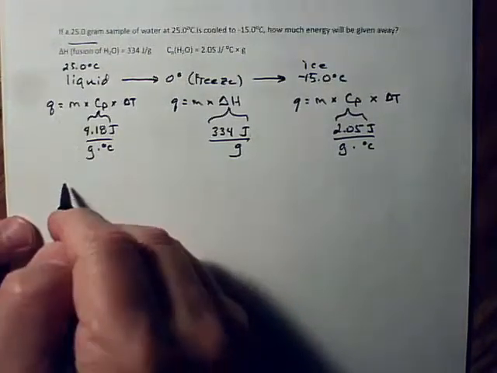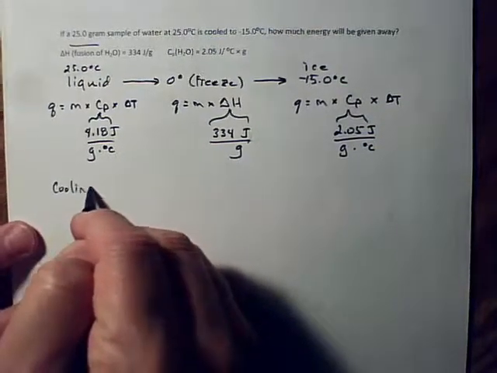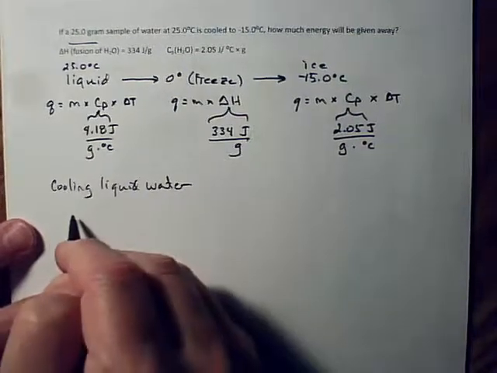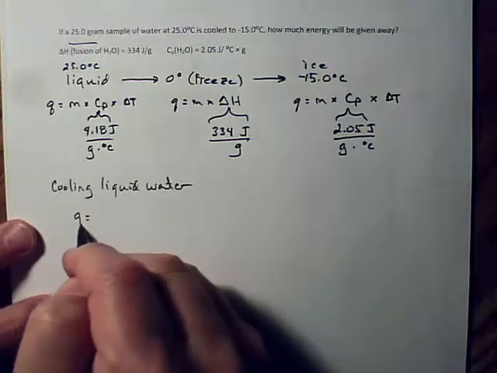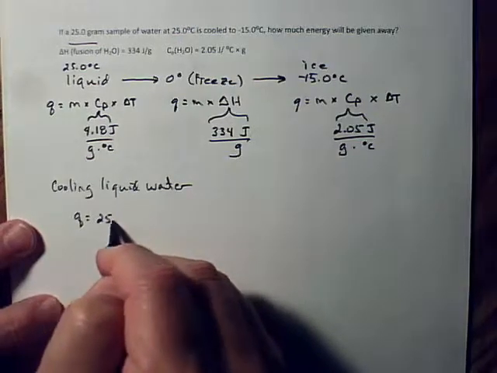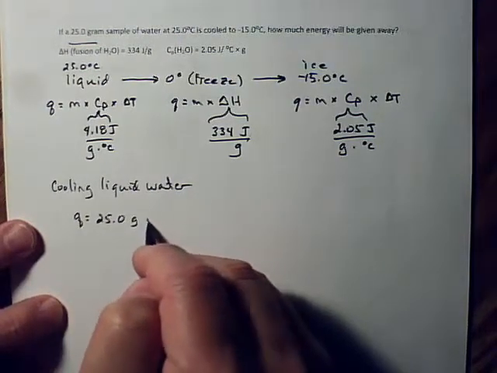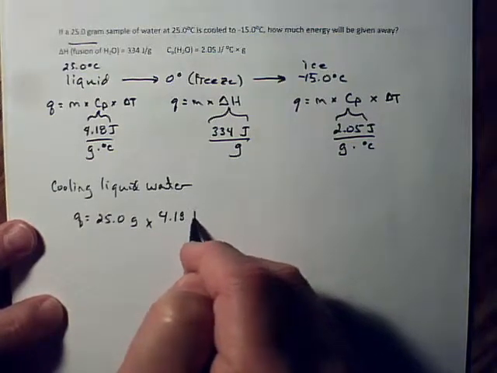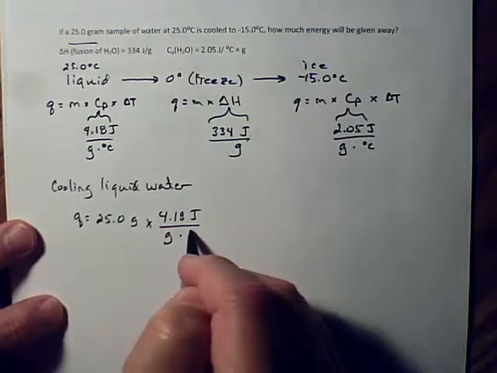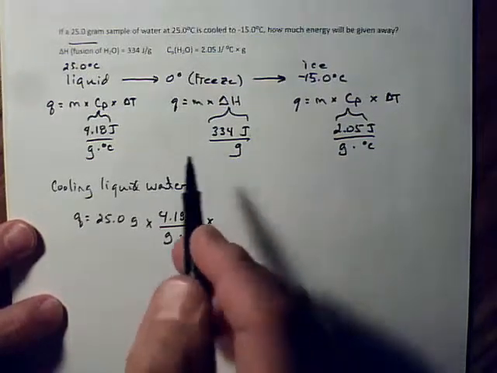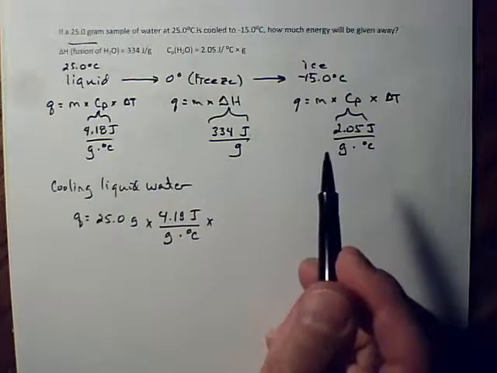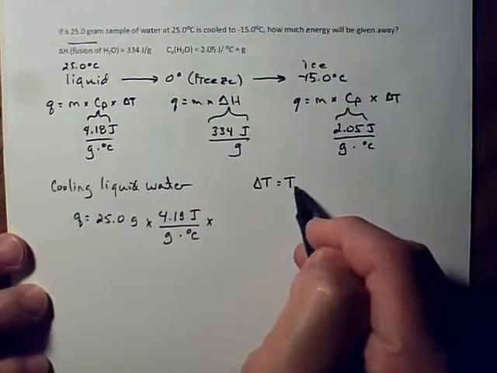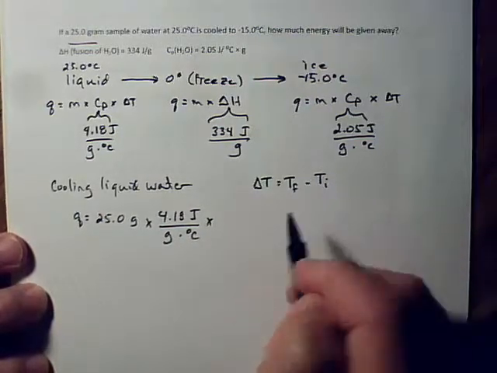So while we're cooling the water, we have Q equals mass, 25.0 grams, times 4.18 joules per gram per degree C times the change in temperature. And the change in temperature, delta T, is always temperature final minus temperature initial.